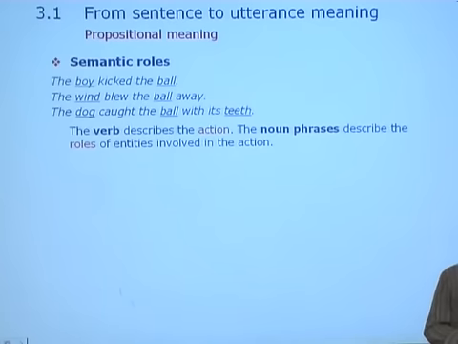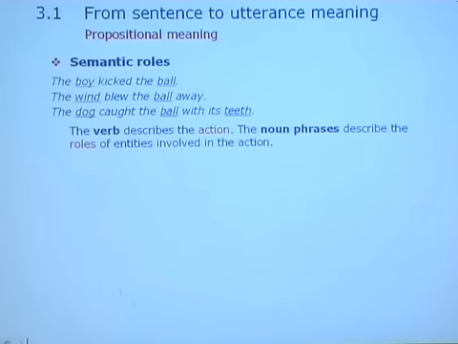Someone who performs the action. Yes, that's someone who does something, who performs this action. And the ball receives the action, is affected by the action, right?